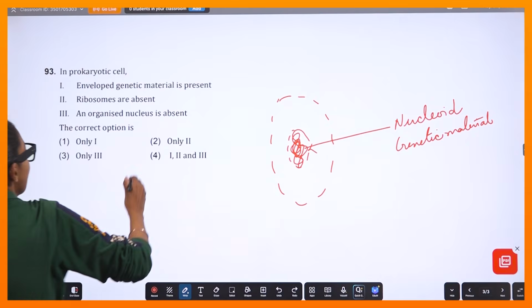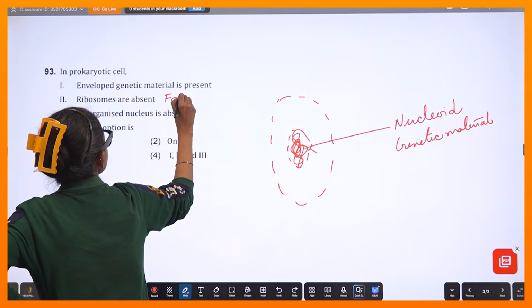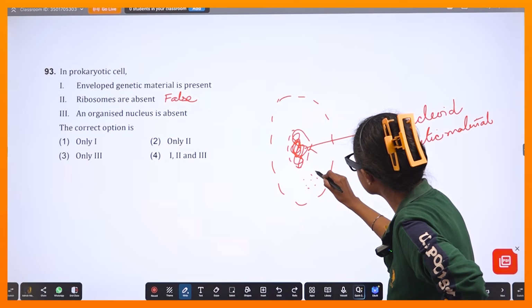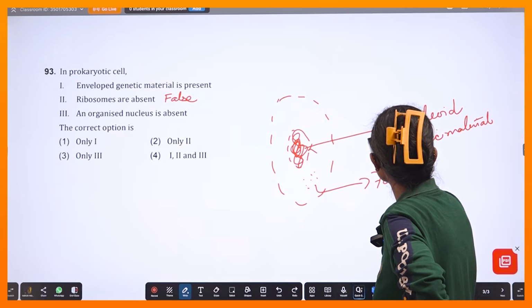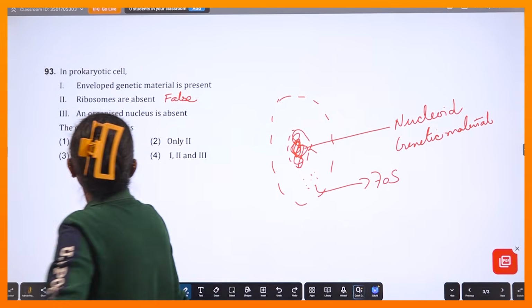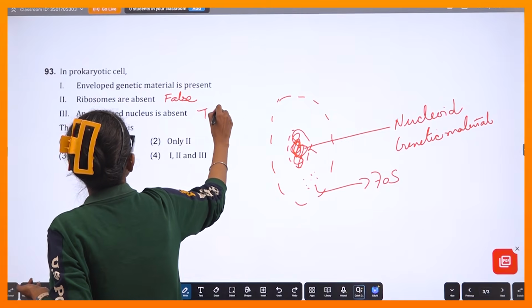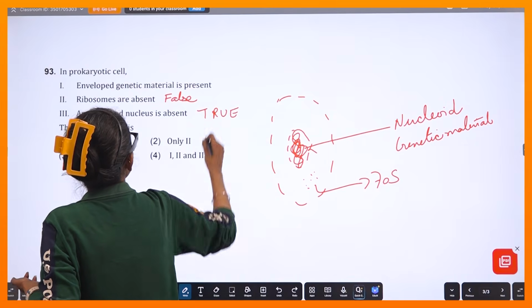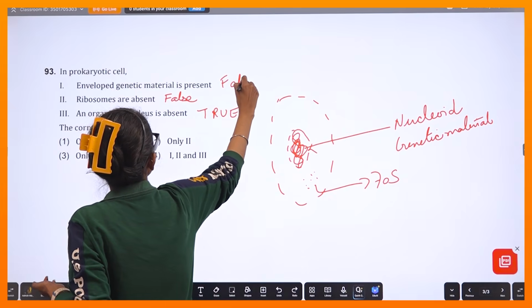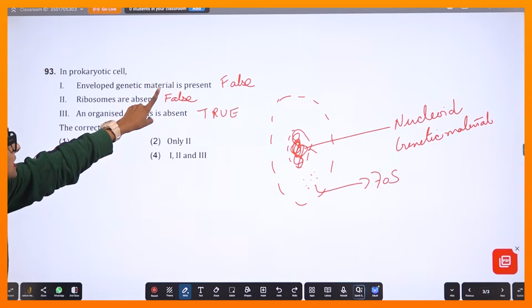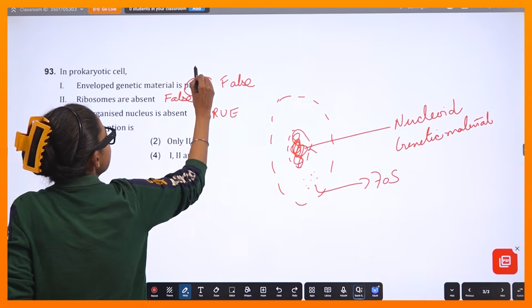Ribosomes are absent. False, because ribosomes are actually present; 70S ribosomes are present. An organized nucleus is absent, true. So in a prokaryotic cell, enveloped genetic material is present should have been absent.